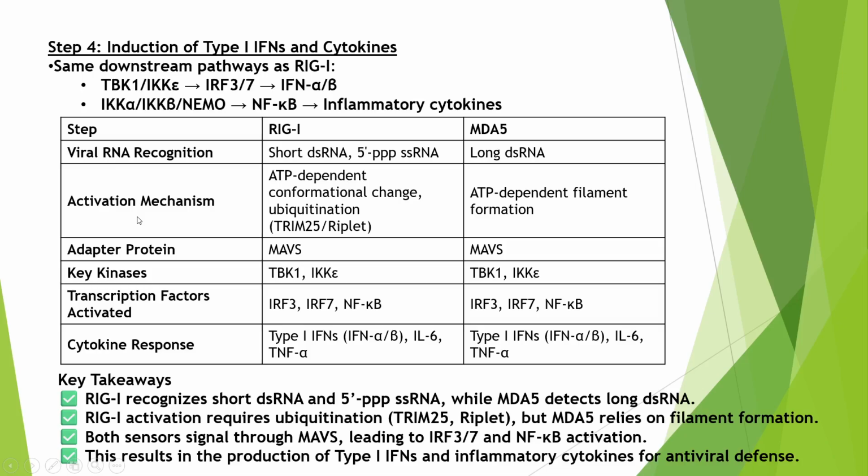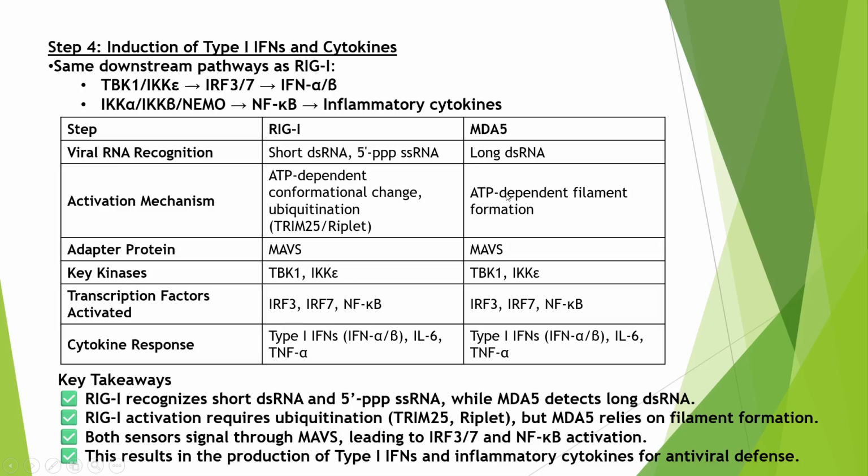So this is a table comparing RIG1 and MDA5. For viral RNA recognition, RIG1 recognizes short double-stranded RNA and 5' triphosphate ssRNA as signatures, and MDA5 recognizes long double-stranded RNAs. The activation mechanism for RIG1 is ATP hydrolysis, conformational change and ubiquitination.